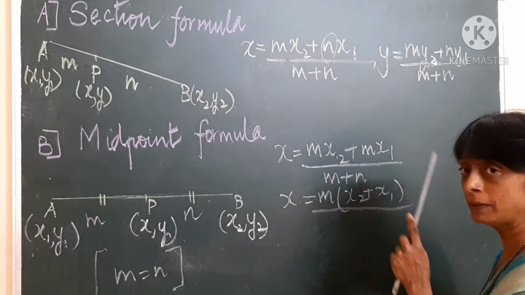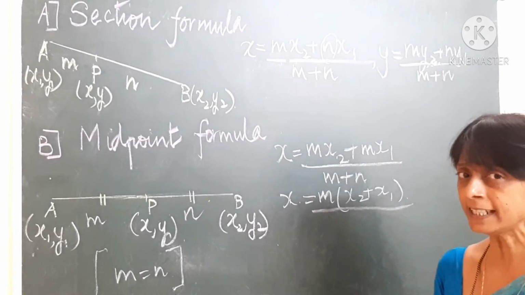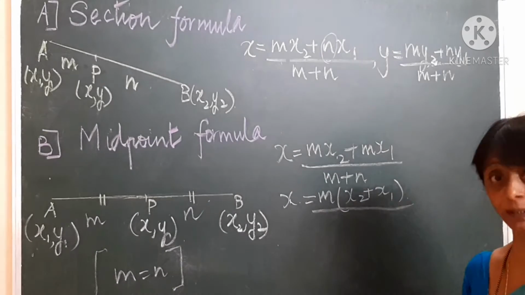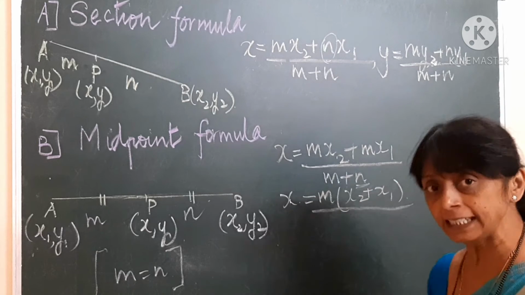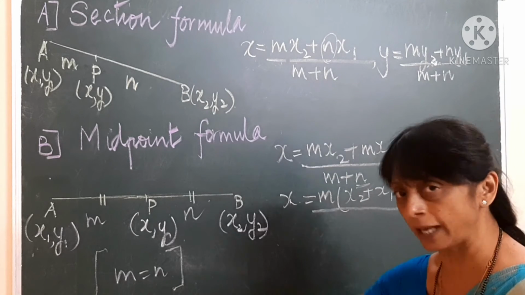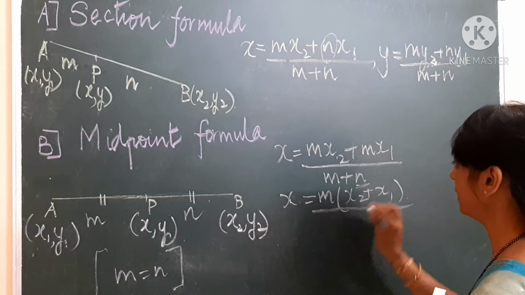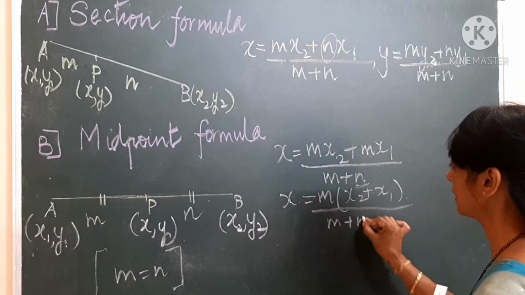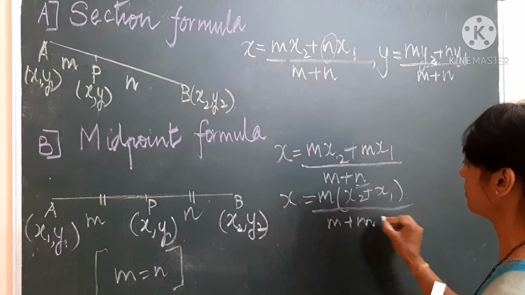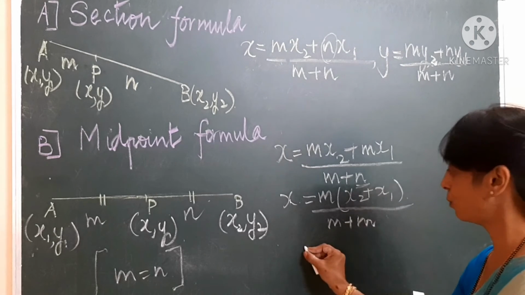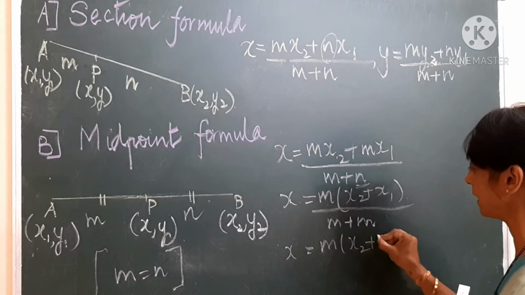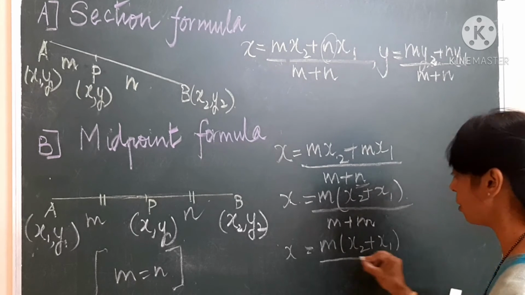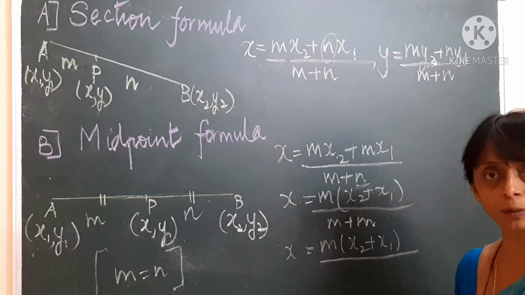Let's look at the denominator. In the denominator, let's see the change that should have been made. m plus n. But we know that n is equal to m. So also in the denominator, you can substitute it as m. So what do we get? m into bracket x2 plus x1 upon, like terms will be added.